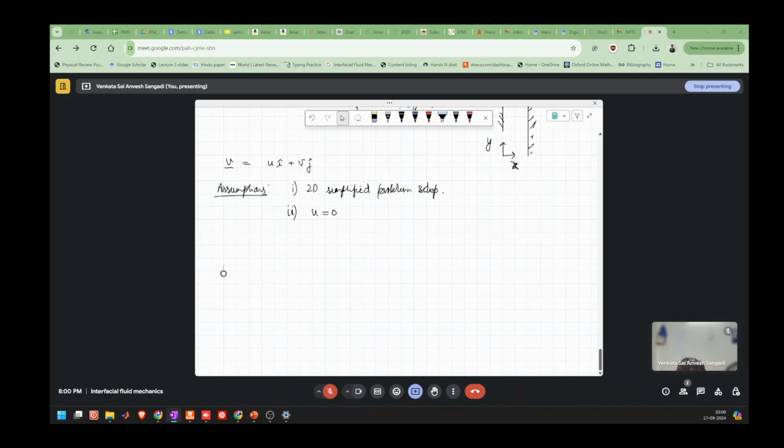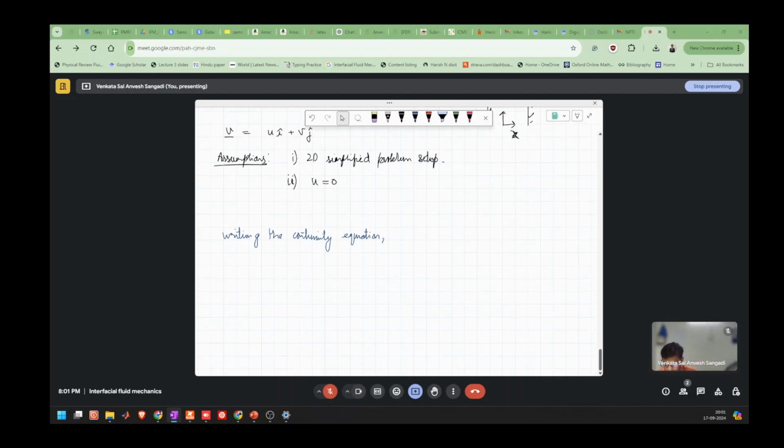So we write the continuity equation. Del u by del x plus del v by del y equals 0. This implies del v by del y equals 0.